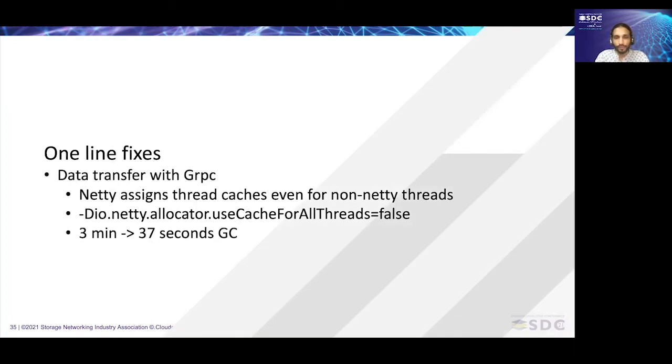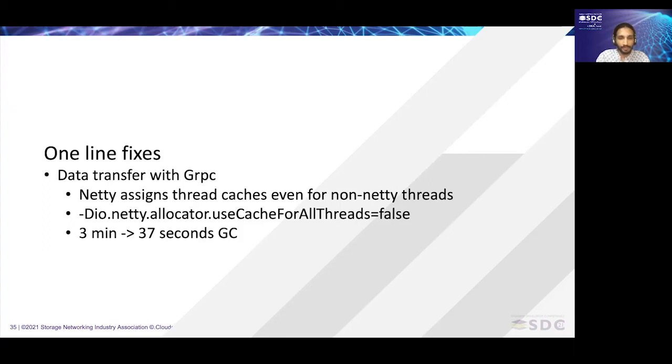Then there are also some one-line fixes. These usually require a lot of time to find, but the end result is that it requires only a single line of change in order to bring a huge improvement in system performance. One of the earliest ones was around gRPC. gRPC uses Netty for data transfer, and Netty assigns thread caches for non-Netty threads.